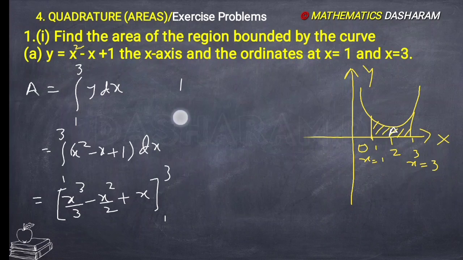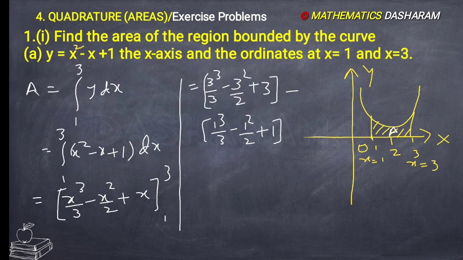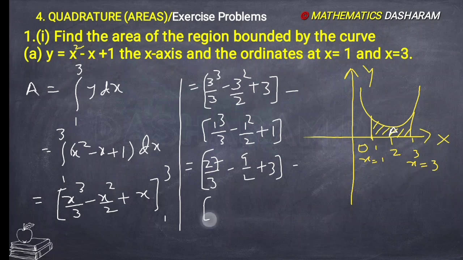Now substitute the limits. First the upper limit: 3 cube by 3 minus 3 square by 2 plus 3, minus, 1 cube by 3 minus 1 square by 2 plus 1. 3 cube is 27, so 27 divided by 3 minus 3 square, 3 square is 9 by 2, plus 3, minus 1 cube, 1 by 3 minus 1 by 2 plus 1.